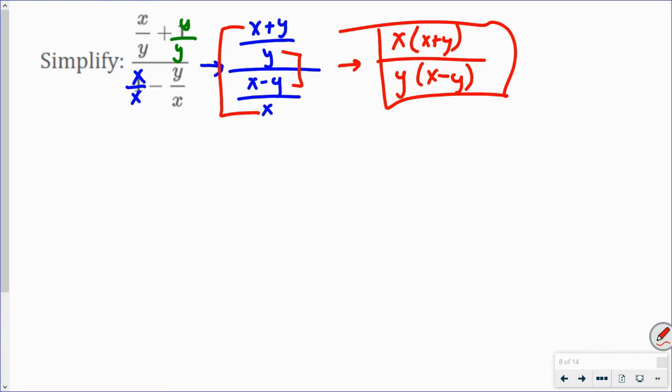So then that is your answer. So make sure you find common denominators. You're going to get one fraction on the bottom, one on the top, and then do your outers over inners. You could, if you wanted, say x plus y over y times x over x minus y. Multiply by that reciprocal. That's the same thing. If you notice, we get the same answer. So I don't care which way you do it.